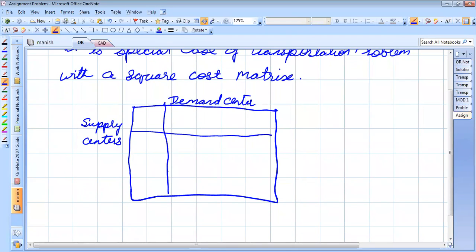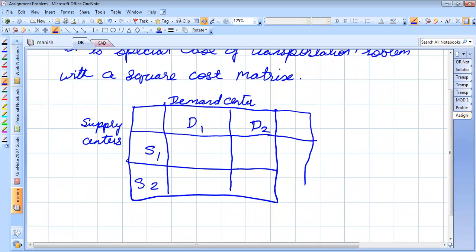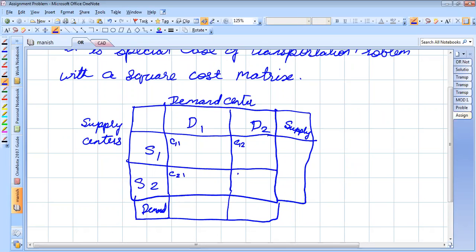Say supply centers S1, S2 and so on. Demand centers D1 and D2. And here it used to be the supply, and here it used to be demand. Isn't it? Is it correct? Here it is C11, C12, C21, C22. That is cost of transportation.